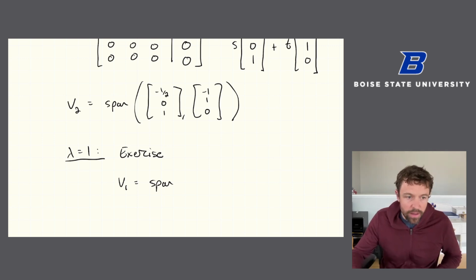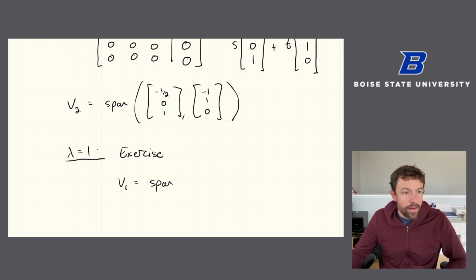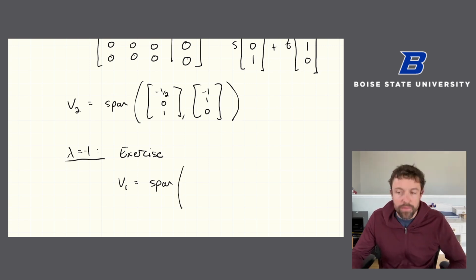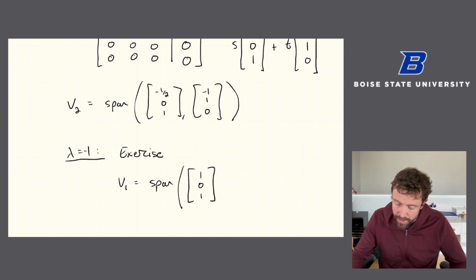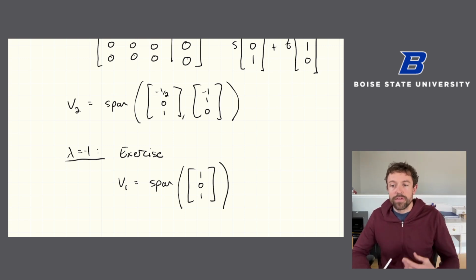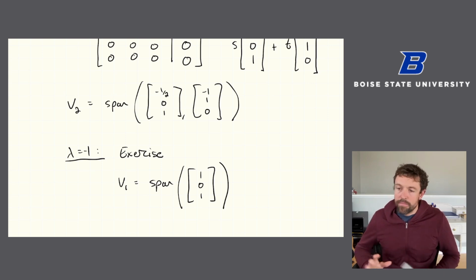So you'll get something along the lines of this. Did I say lambda equals 1? I meant lambda equals -1. The eigenspace corresponding to -1 is going to be one-dimensional, and it's going to be spanned by this vector. And so you may have gotten a multiple of this vector, right? It's a one-dimensional space. Then you did it correctly. That's fine as well.